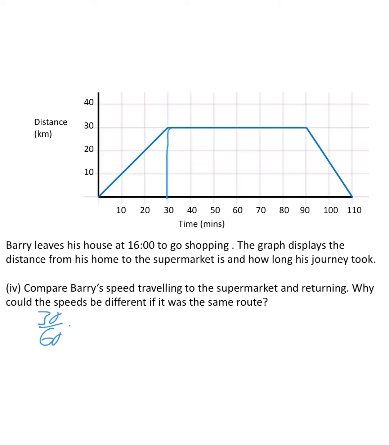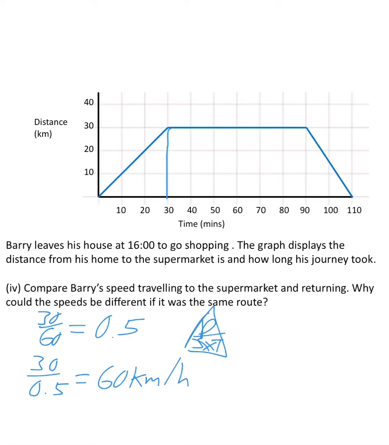Let's put that over 60, so that'll be 0.5. And then let's go to our triangle. So we're looking for speed, so we'll cover that. So distance divided by time, 30 divided by 0.5, that is 60 kilometers per hour.